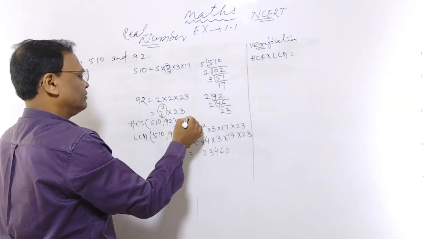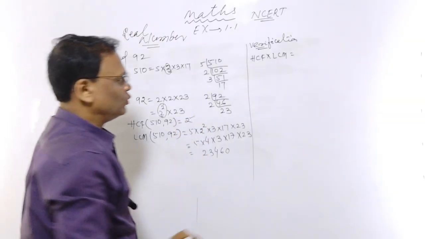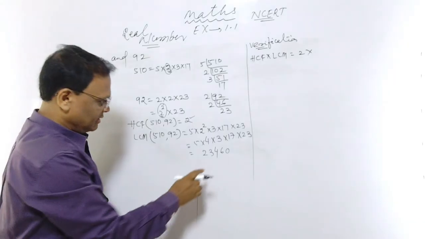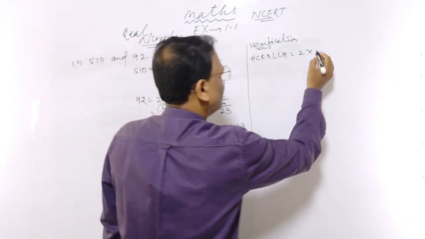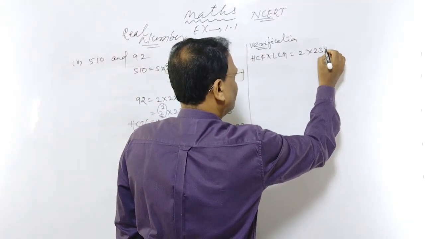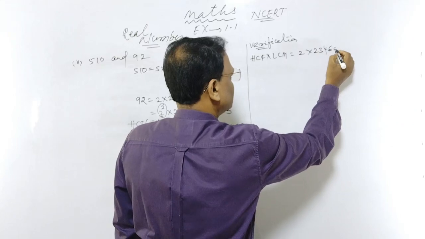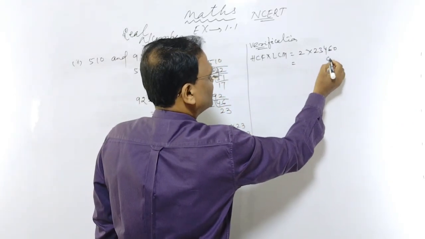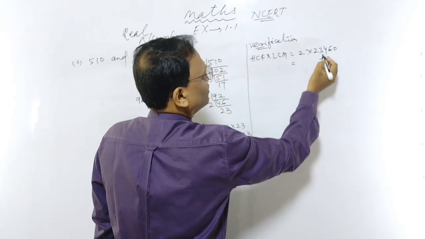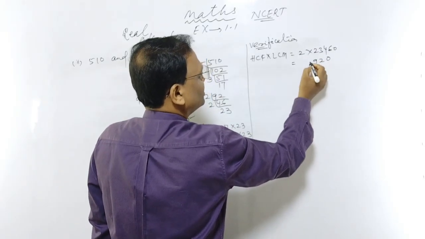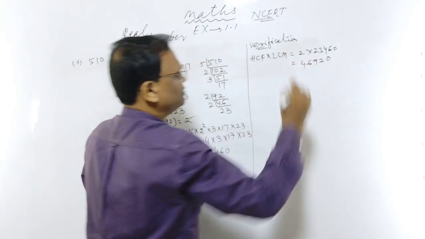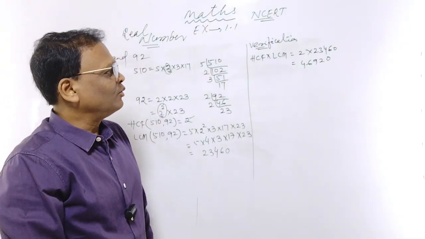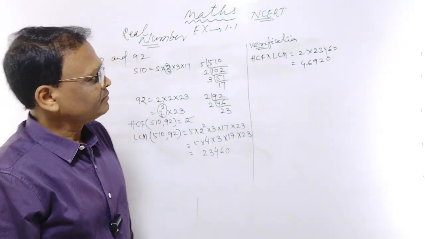Look, this is my HCF, 2, into LCM. LCM is this one, 23460. If I multiply, see what I'm getting. 2 times 0 is 0, 2 times 6 is 12, 2 times 4 is 8 plus 1 is 9, 2 times 3 is 6, 2 times 2 is 4. This is my answer. HCF into LCM is 46920.